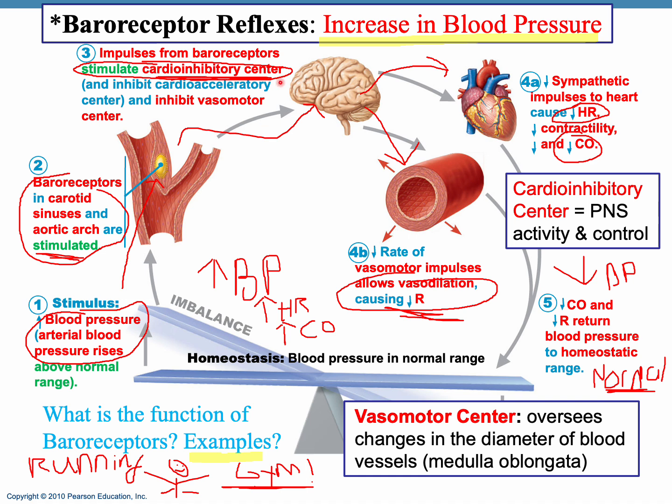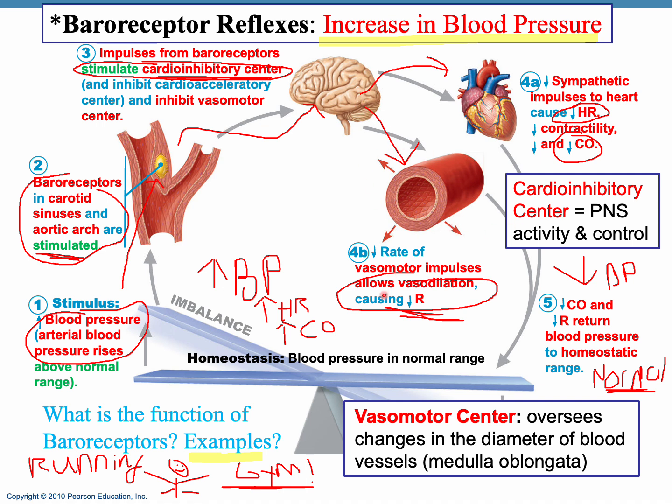Inhibit. The word inhibit means to decrease. So messages from the cardio-inhibitory center can be sent to the heart, ultimately leading to a decrease in cardiac output and a decrease in heart rate. And messages can be sent to blood vessels.